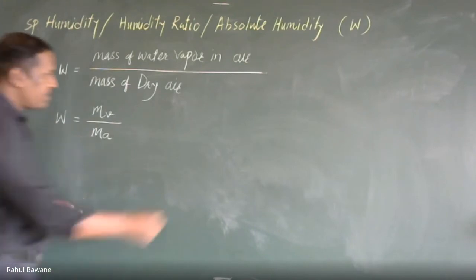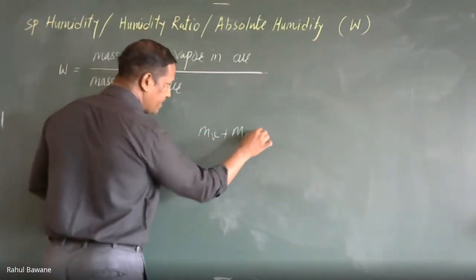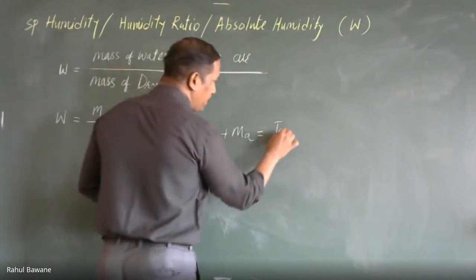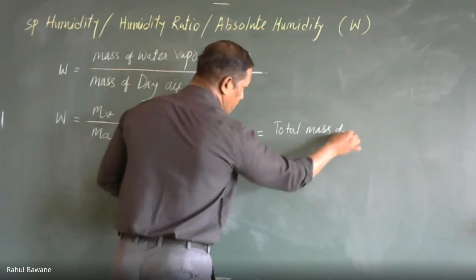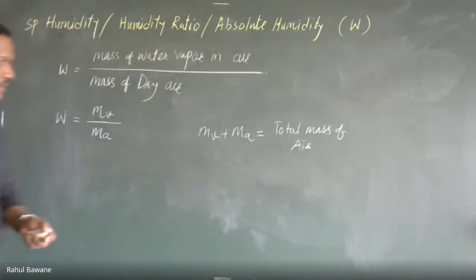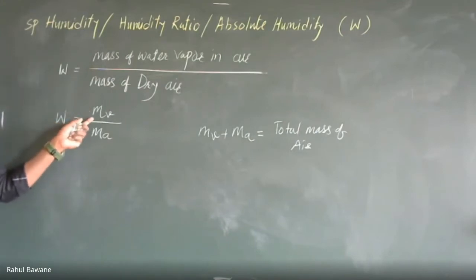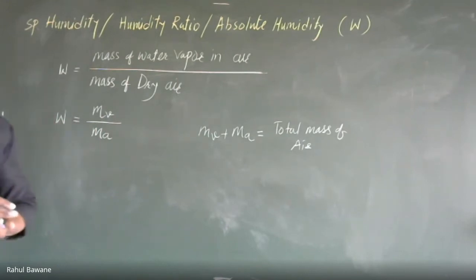If I add these two, mass of water vapors plus mass of dry air, then it becomes the total mass of air. If I take a ratio of mass of water vapors to the mass of dry air, then it is called specific humidity.